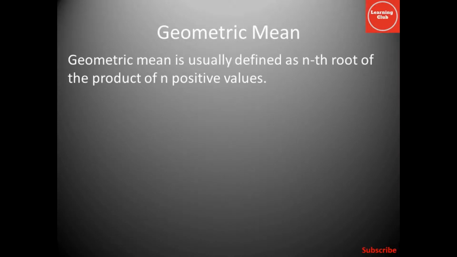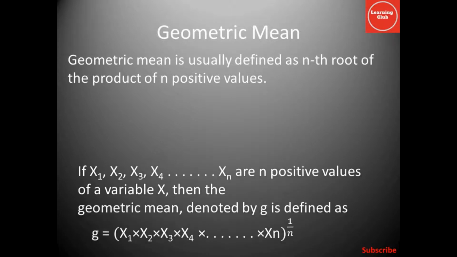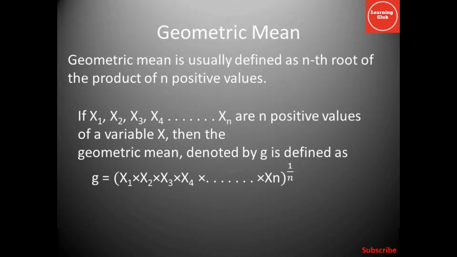In answer to this question, we say that geometric mean is usually defined as the nth root of the product of n positive values. If x1, x2, x3, x4 up to xn are n positive values of a variable x, then the geometric mean, denoted by G, is defined as follows.